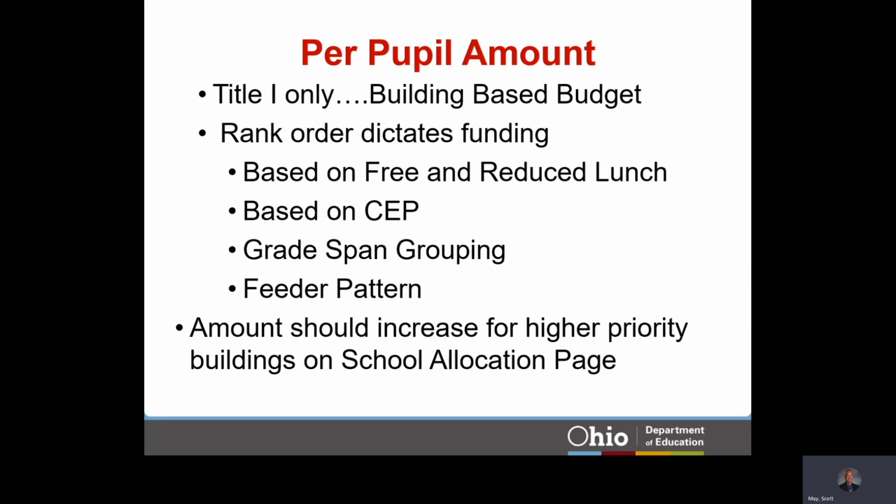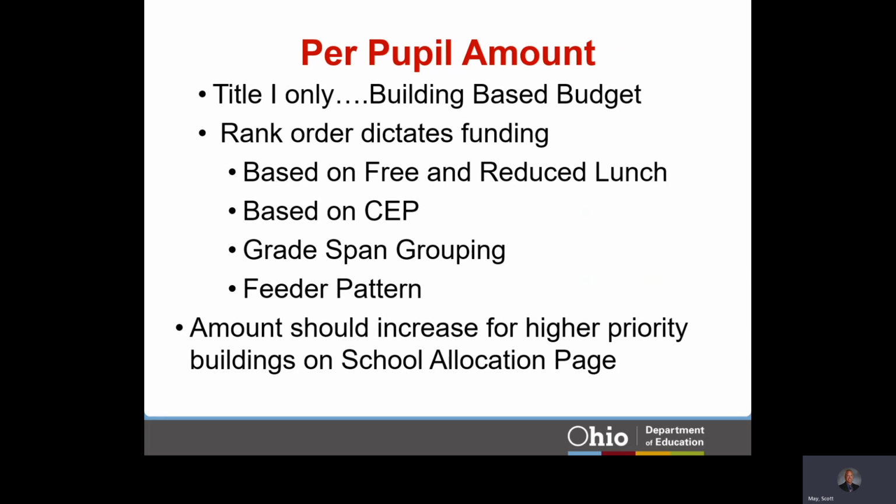For example, a district may want to prioritize their services to buildings by their highest poverty level, or they can decide they want to prioritize service to specific grade spans in their district. Once a district sorts by grade span, they then order by poverty level within that grade span.